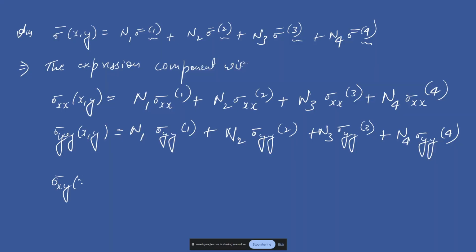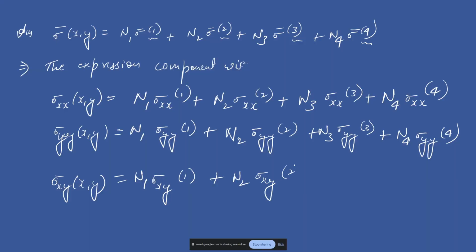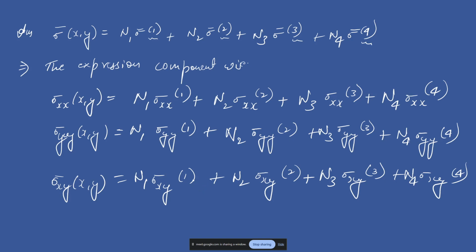Similarly sigma xy of x comma y is given as N1 sigma xy for first plus N2 sigma xy for 2 plus N3 sigma xy for 3 plus N4 sigma xy for 4. So you can use these four shape functions for four particular nodes, and that's how you can extrapolate. Now the only thing is how you will get sigma xx1, sigma xx2, sigma xx3, sigma xx4.